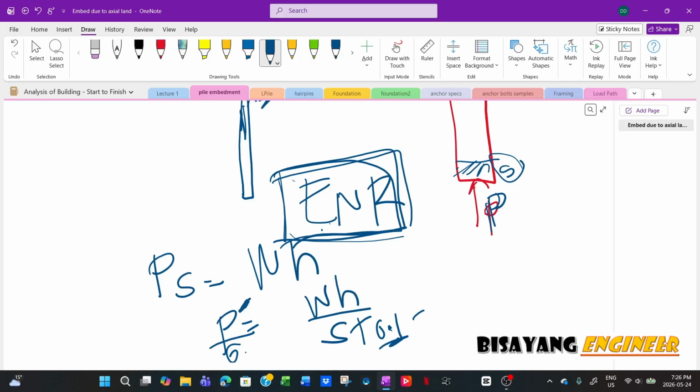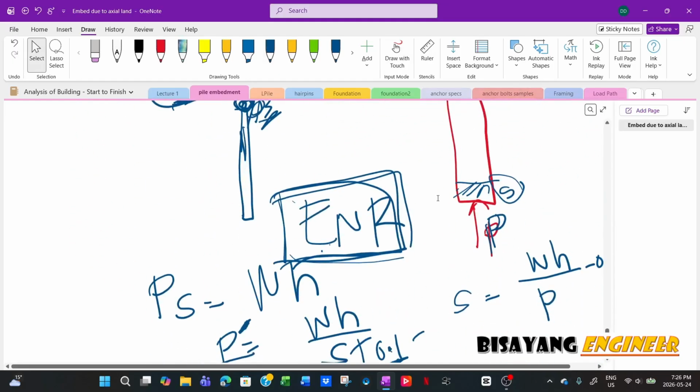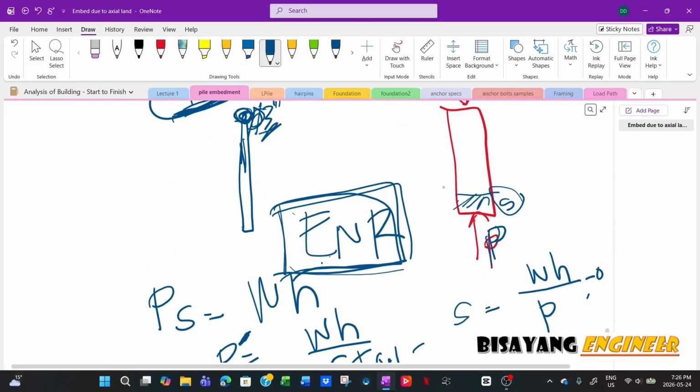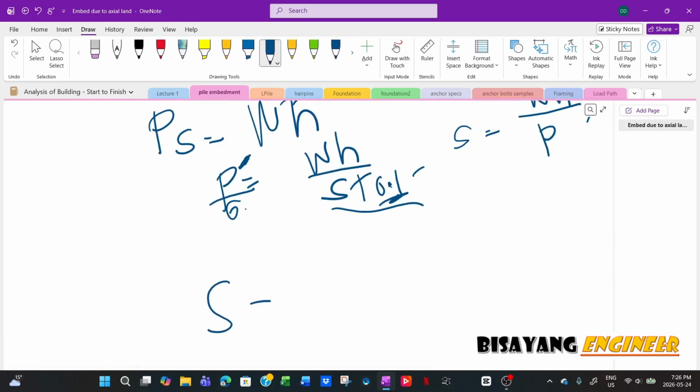But technically, to determine the penetration, your S is equal to WH over P minus 0.1. So 0.1, that's really small, so let's just disregard that for now. So your general equation is S is equal to WH over P.